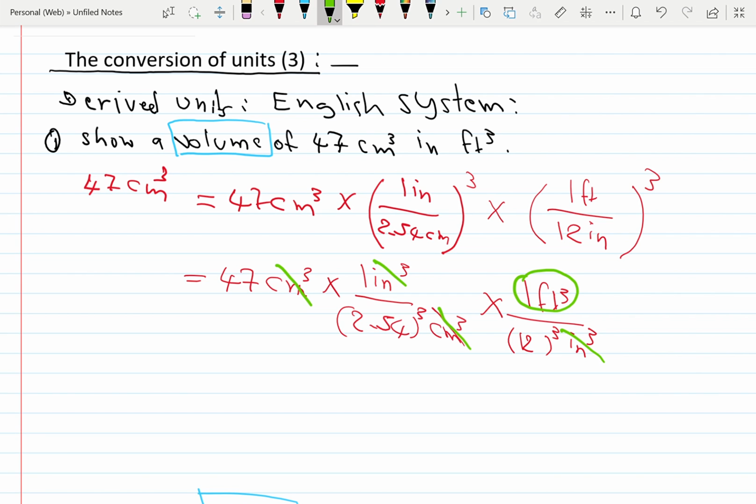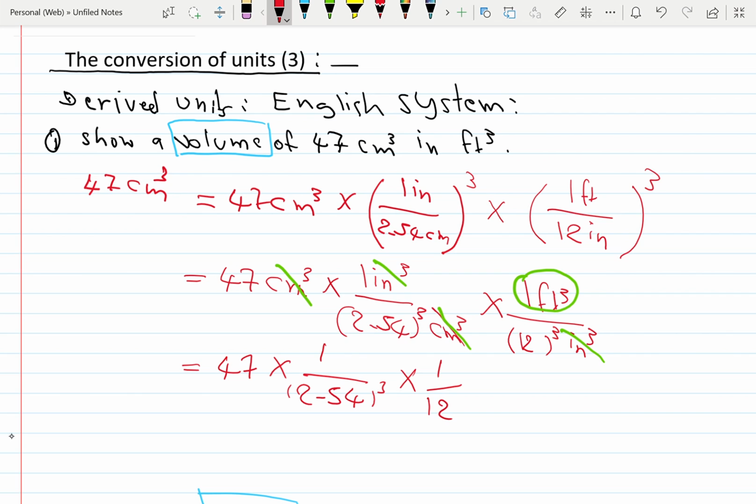So the answer will be, we still have the numbers, so that will be equal 47, the centimeter cancelled, times 1 over 2.54 cubed, we don't forget the cube, and multiply by 1 over 12, also cubed.